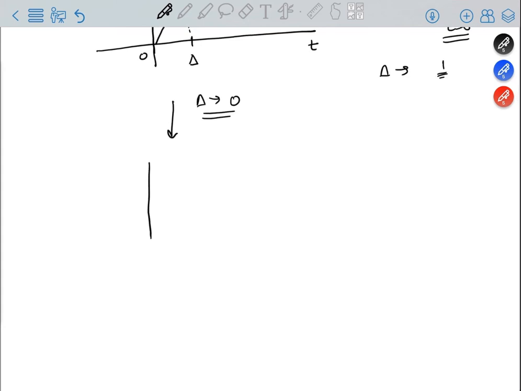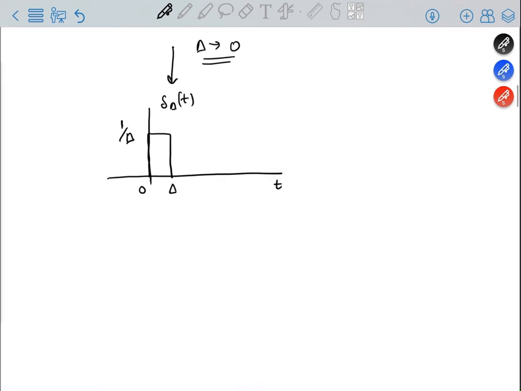How this helps is that when we take the derivative of u_delta(t), which is a ramp function, it will look like this. It will be 0, then over the time interval delta the amplitude will be 1 by delta. So this is the graph of delta_delta(t).